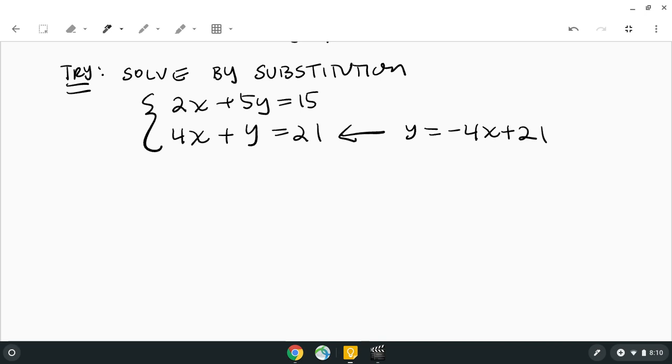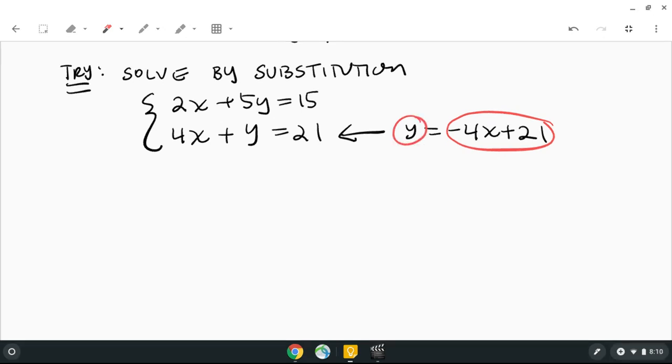That's what I'm going to substitute. I'm going to substitute this -4x plus 21 where I see the y. I see the y up here, so that's what I'm going to replace.